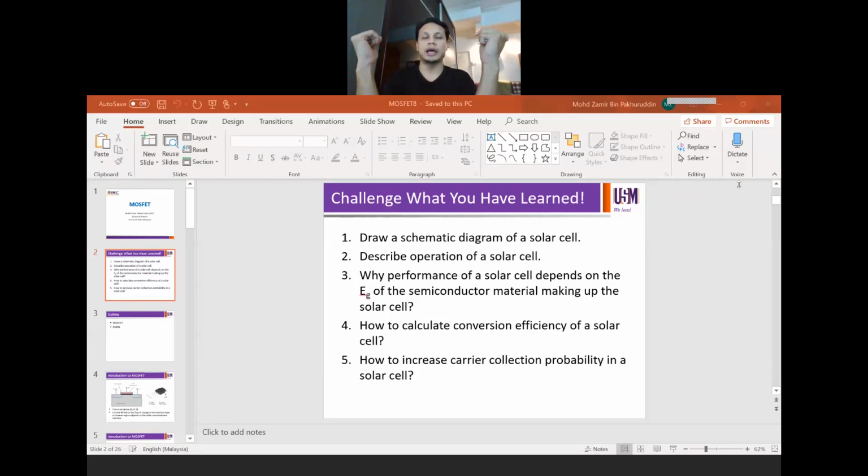However, it comes at extra cost, because the moment you add new materials, new junctions on top of the bottom junction, then the cost is going to add up accordingly. So light absorption is the first one. Then what else? First is light absorption. Then the moment the light is absorbed, what's next?